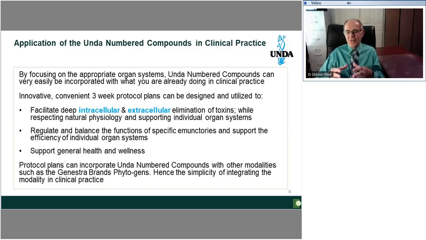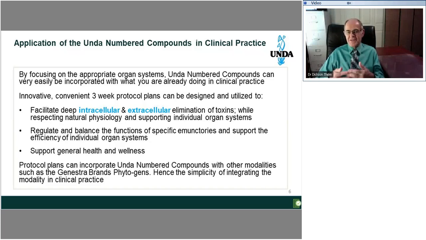So going back to the importance, and since we talked about toxicity in part 1, it's important that we know that our main goal is how do we support the body's elimination of toxicity, which, once again, goes beyond just a physical toxin.